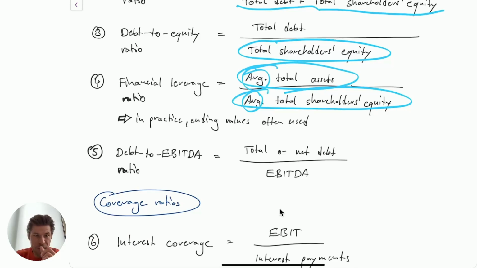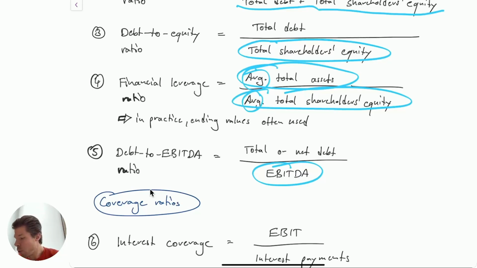Total or net debt over EBITDA. The debt to EBITDA ratio basically estimates how many years it would take to repay total debt based on earnings before interest, taxes, depreciation, and amortization.